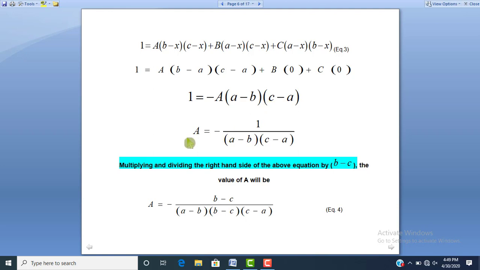By rearranging, a is equal to minus 1 over a minus b into c minus a. And the right hand side of this equation was multiplied and divided by b minus c. So the resultant equation number 4 became a is equal to minus b minus c divided by a minus b into b minus c into c minus a.